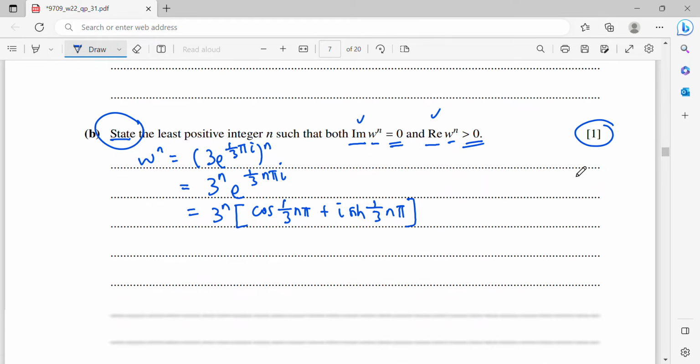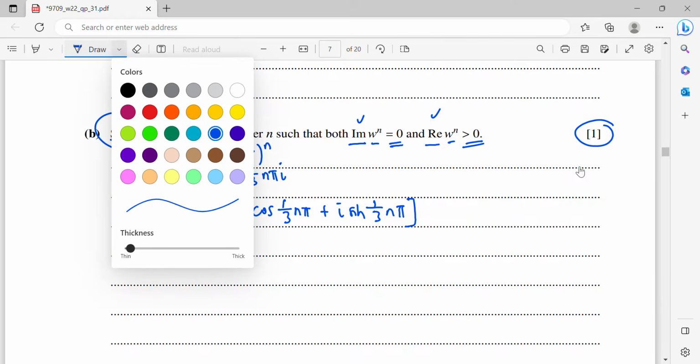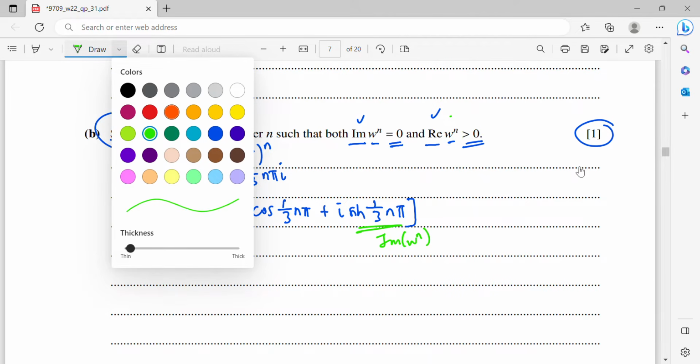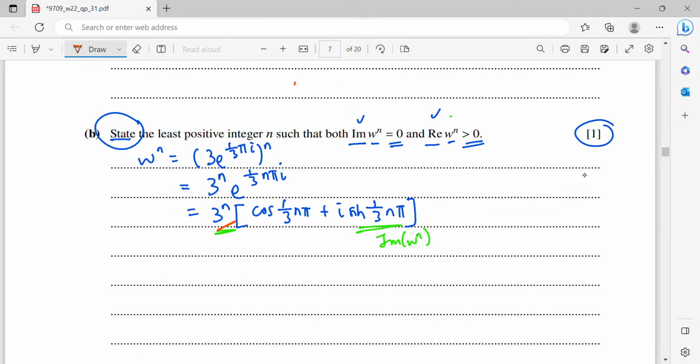So from here, my imaginary part is going to be 3^n together with the sine. This is my imaginary part. And for my real part, it's going to be 3^n times the cos. This is my real part.